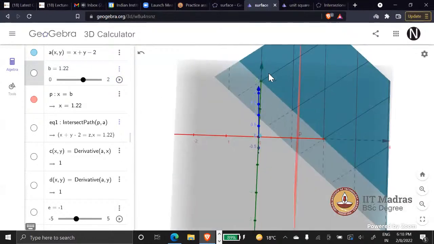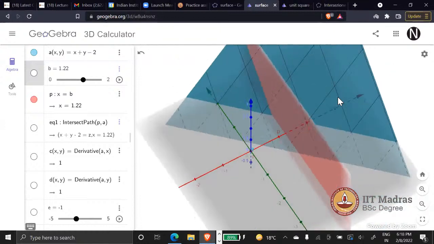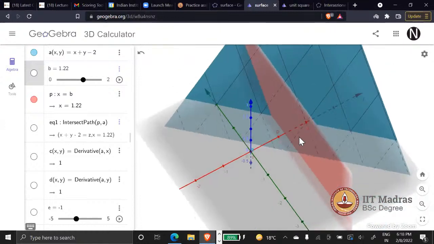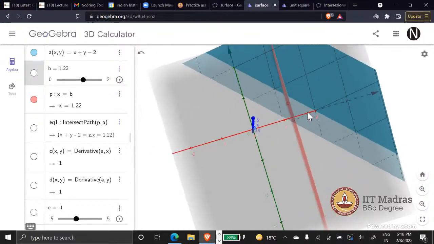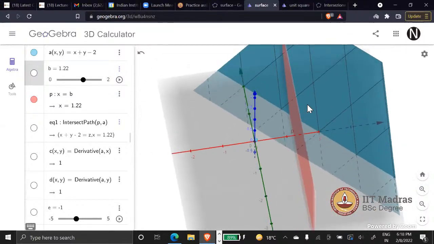This blue plane is x plus y equals 2, and here you're fixing your x, right? And you'll have to integrate with respect to y. So you will vary your y from 0 to this plane, right? And this plane is x plus y minus 2 equals 0.